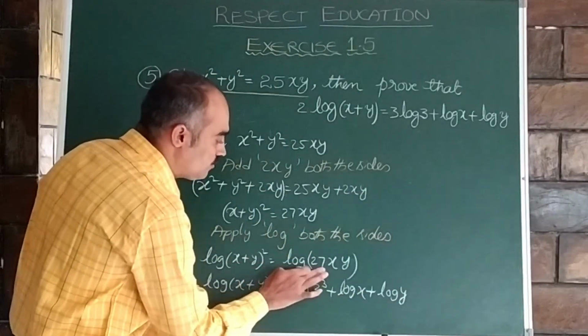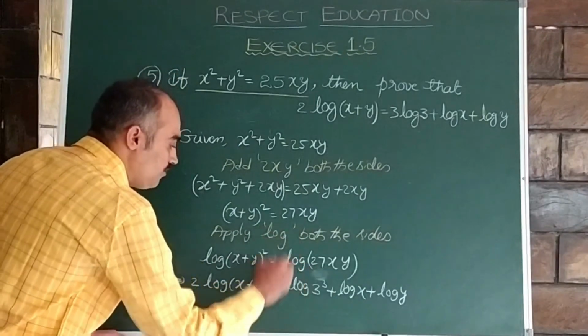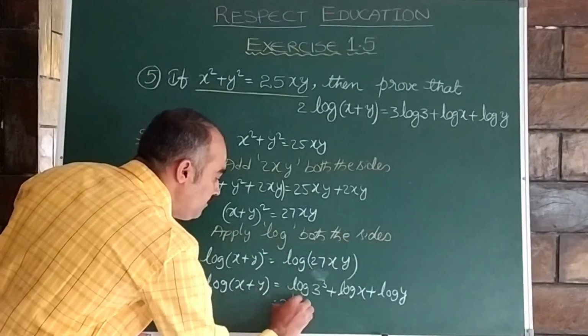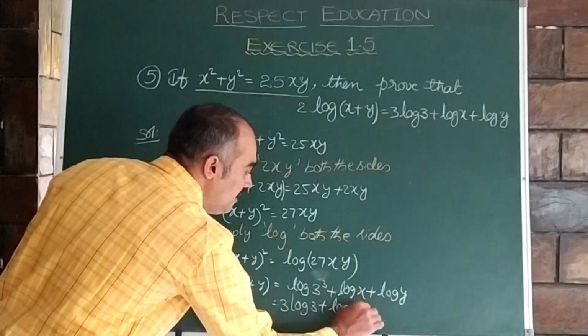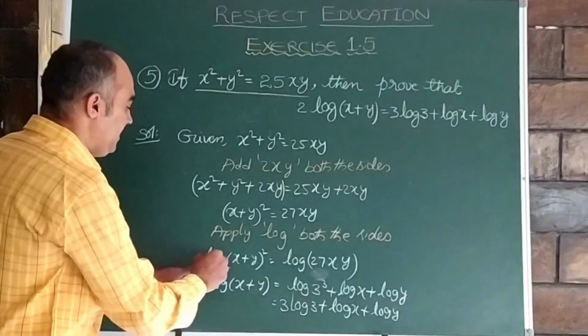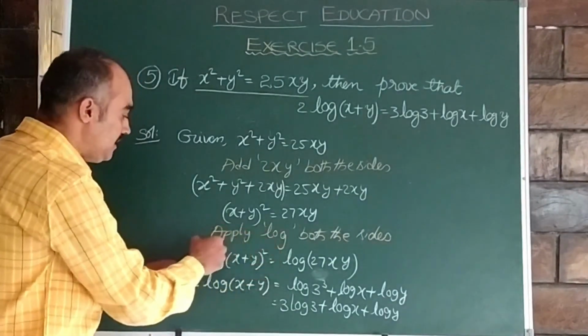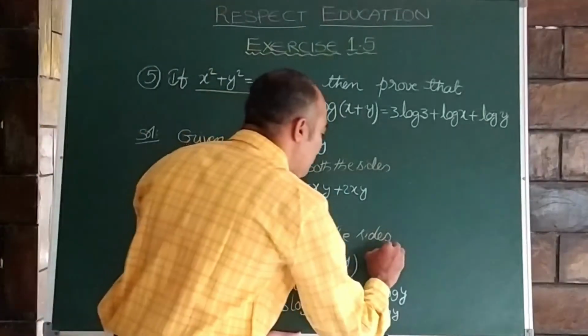I wrote 27 as 3 cube, nothing else. Now this 3 comes forward, it becomes 3 times log 3 plus log x plus log y. Here you see where we applied the formula: log of a power m becomes m times log a. That formula is applied here.